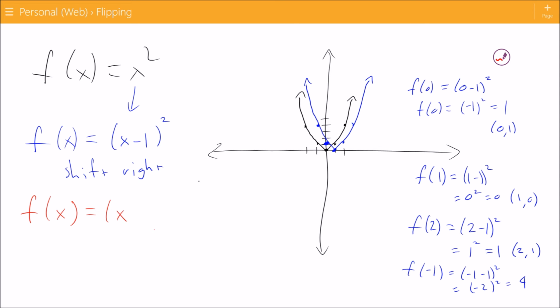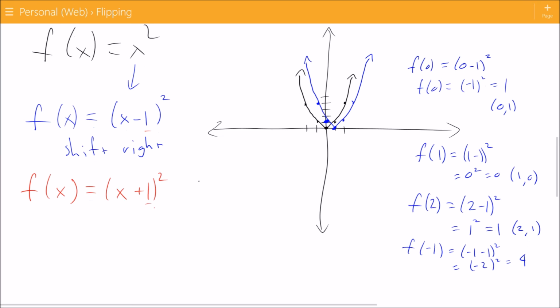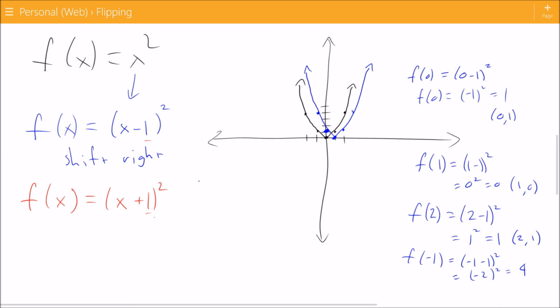I'm going to do x plus 1 within the parentheses, and we'll see how this is a shift. However much you want to shift by, that's what this number on the right within the parentheses is, just like with our vertical shift. All right? If we're just doing shifts, we're not stretching anything right now.